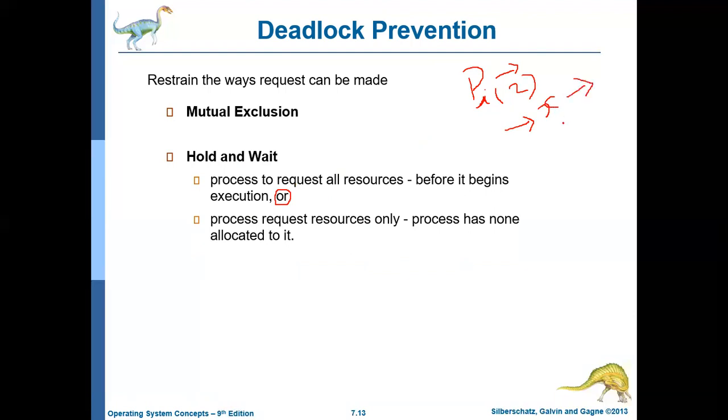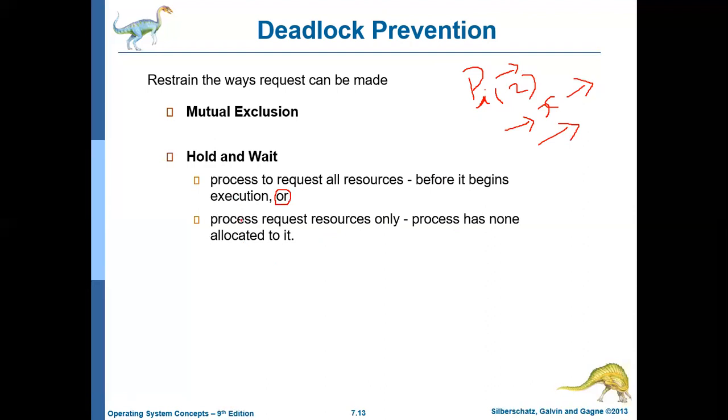In that case, the operating system should ensure that the process first gives up all the resources, and only then can it request new resources. The process can request new resources only if it has no resources allocated to it.